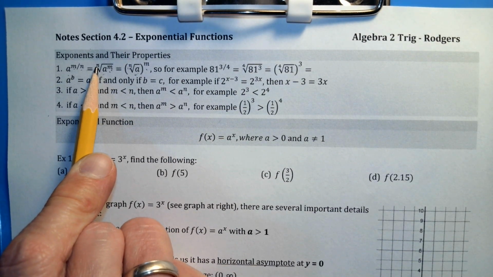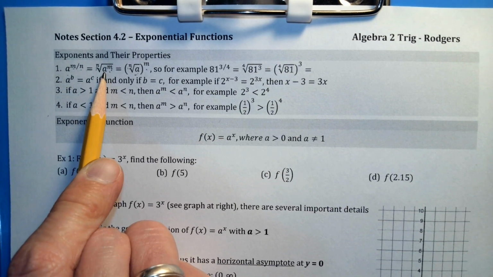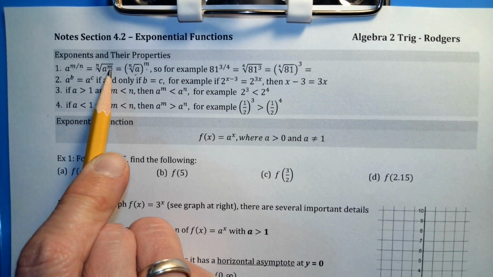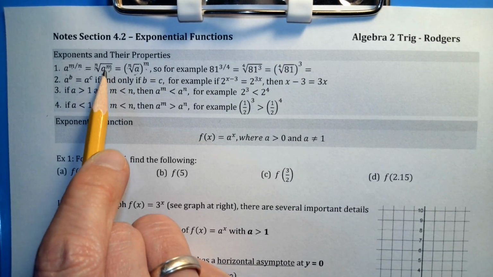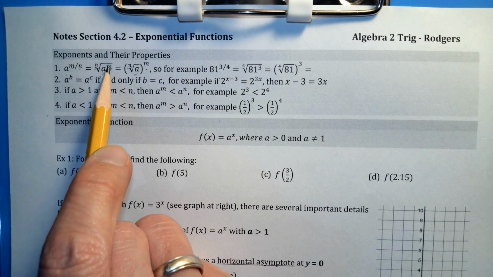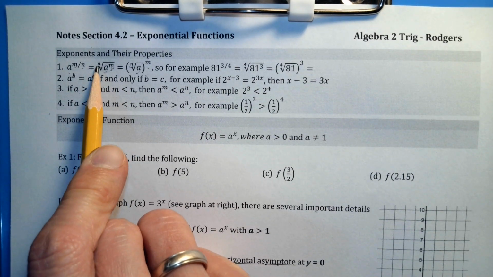We can't take the second root or square root of a negative number. But if m is even, then maybe that negative would go away. So it would work here, because we take that negative and raise it to an even power, the negative would go away. Then we could take the nth root of it.